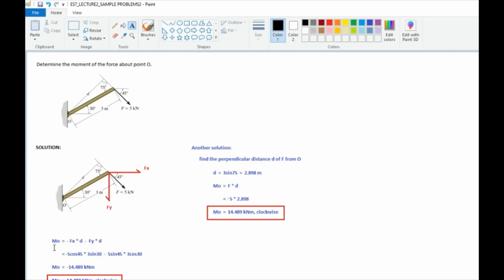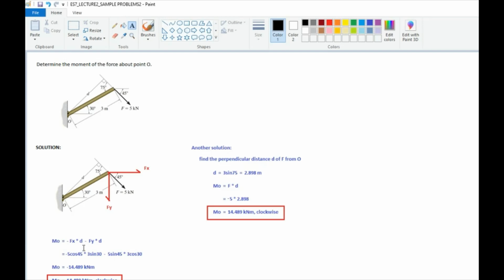So, M, the moment about O, is equal to, in the first term, we are considering the x component, so that is Fx times D. It is negative because the rotation of Fx about O is clockwise. And then Fy, same, it will produce a clockwise rotation, so Fy is also negative.